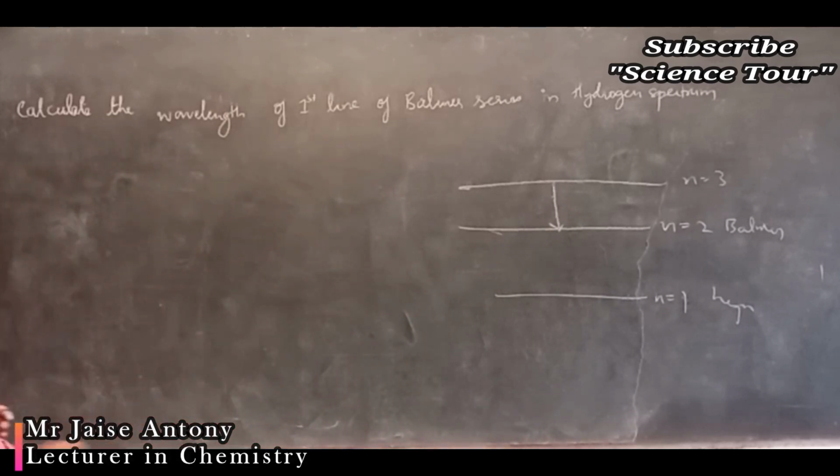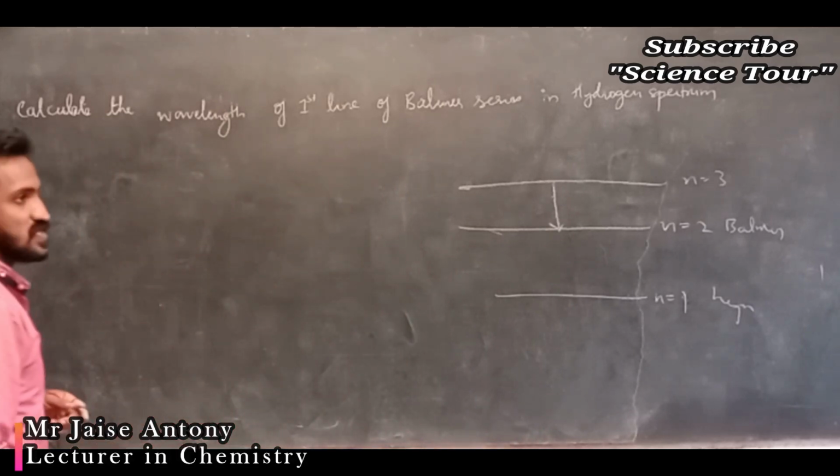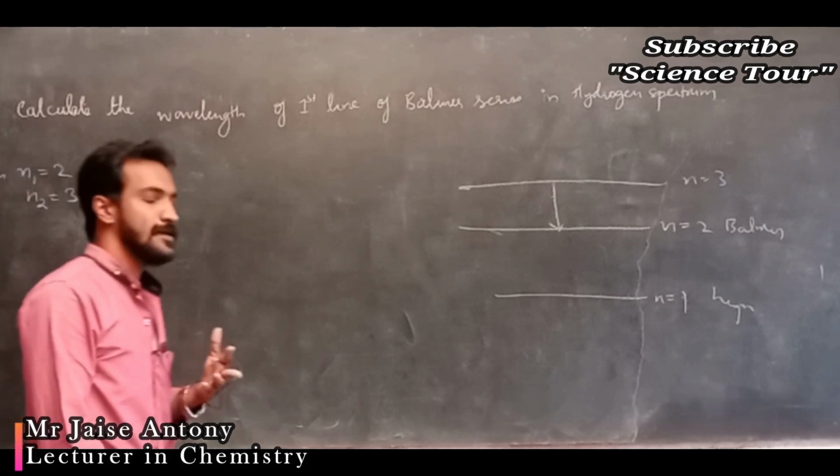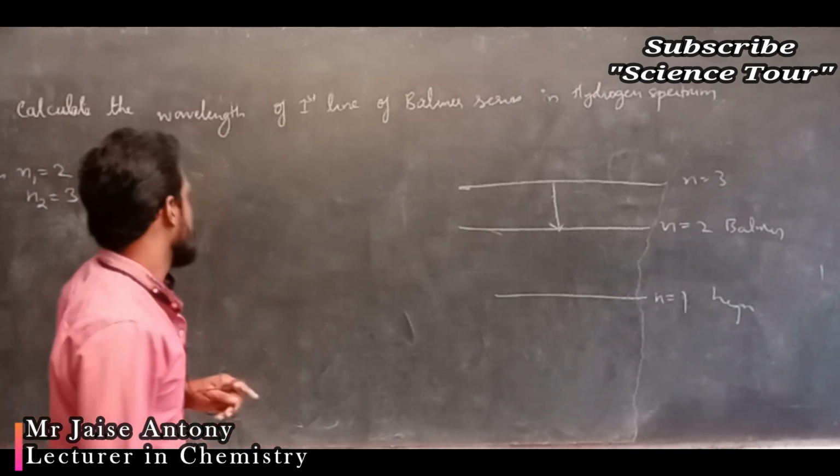So in the Balmer series, n1 is equal to 2, n2 is equal to 3. This transition gives the first line, my dear students.